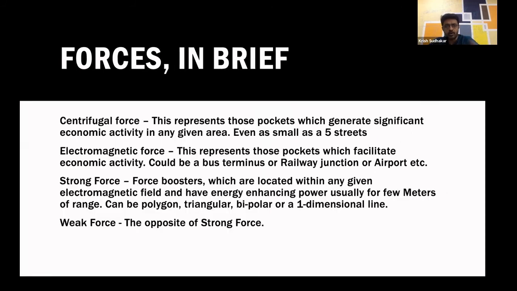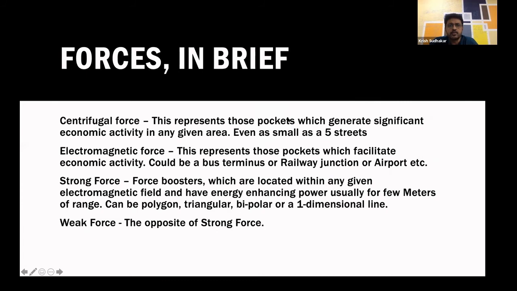Now, the centrifugal force broadly represents those pockets which significantly carry the economic activity in any given area. Now, the area can be as small as 5 streets also. Even there could be some element of economic activity which comes up.